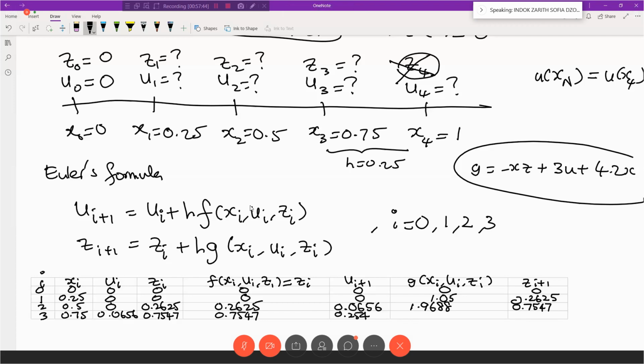Okay, so look at here. In our previous diagram, we are calculating until u4, which means that we are not finding z4. So this is z4 supposedly. So these two parts just ignore, not necessary.